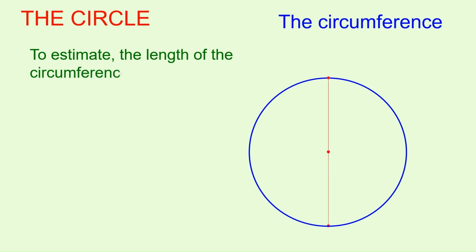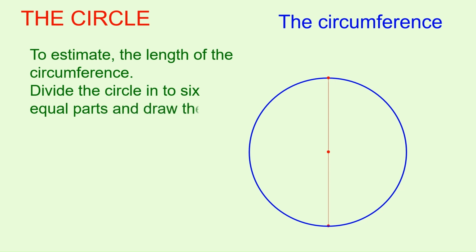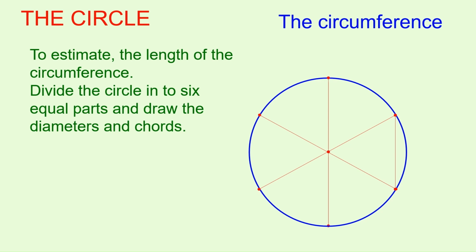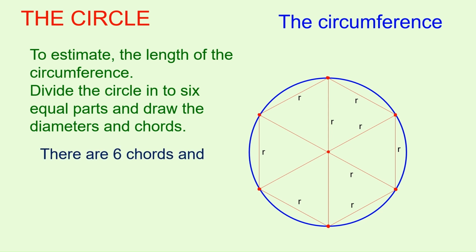To estimate the length of the circumference, divide the circle into 6 equal parts and draw the diameters and chords. There are 6 chords and the central angle is 60 degrees.